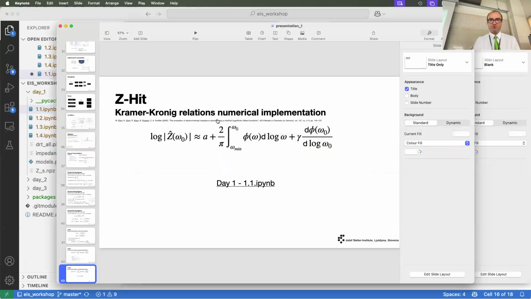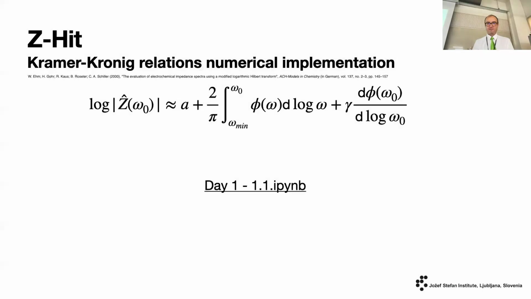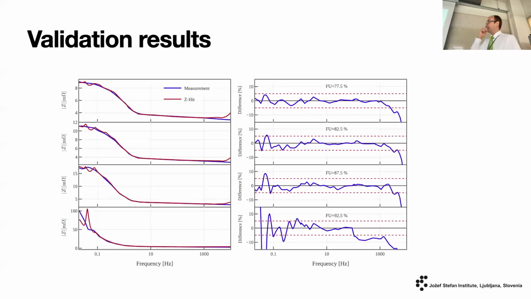And let me show you now, before we hit a break, results from one of our experiments. This is a solid oxide electrolyzer done in Grenoble, France. As you can see, we were doing it with different fuel utilizations.